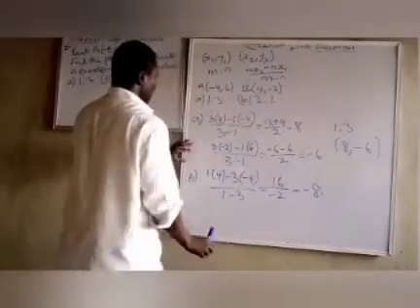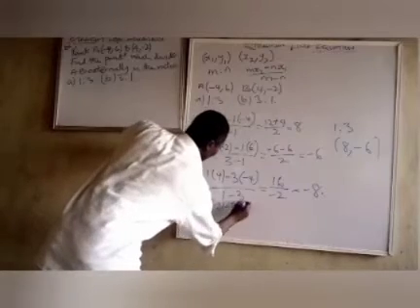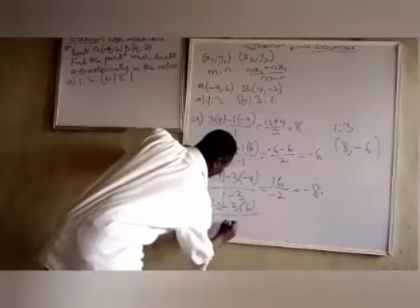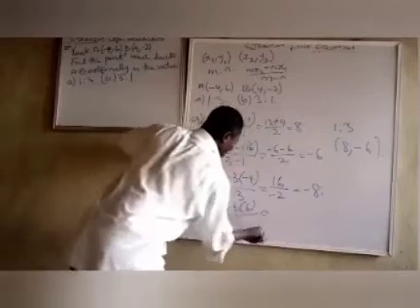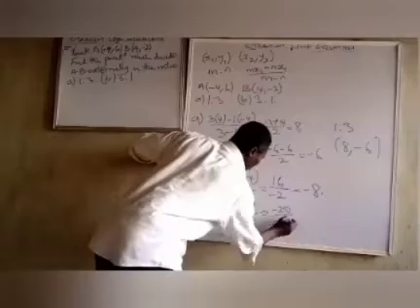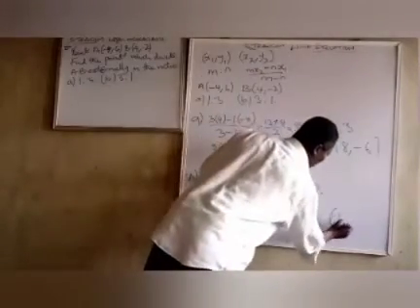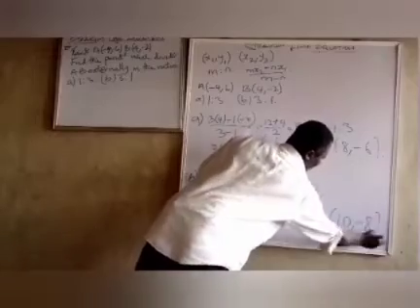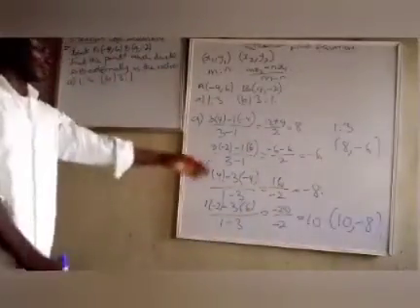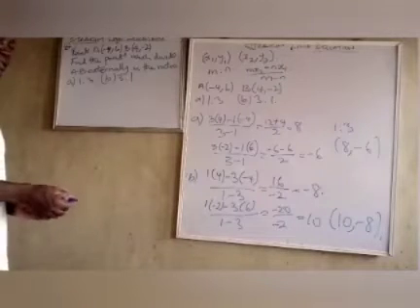Now for the y components, we have 1 into minus 2 minus 3 into 6 over 1 minus 3. So minus 2 minus 18, minus 20, over minus 2. So that's going to be 10. So for the second one, our coordinates are going to be minus 8 and 10.